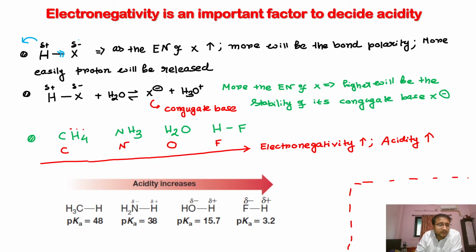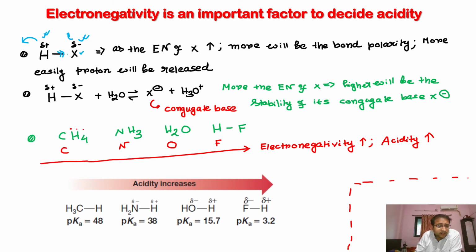So the partial negative charge created upon this atom will be much larger, and an equal and opposite partial positive charge will be formed on the hydrogen atom. So as the electronegativity of X increases, the value of this delta will increase. So this HX bond becomes much more polar as the electronegativity of X increases.